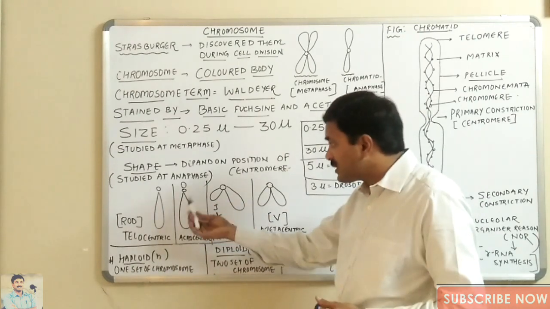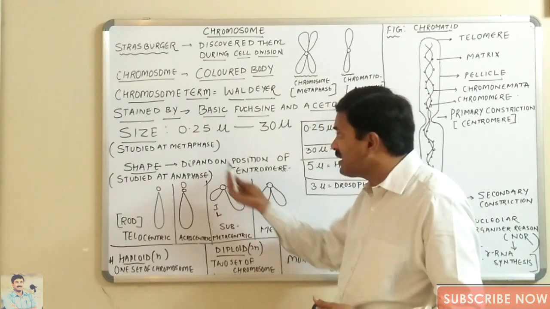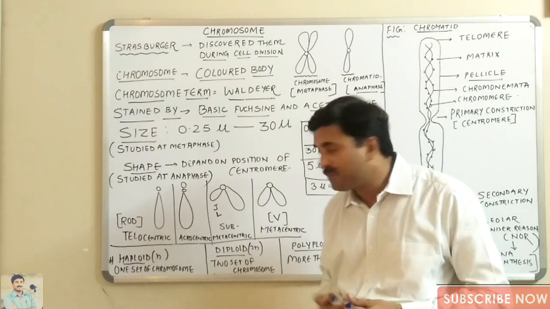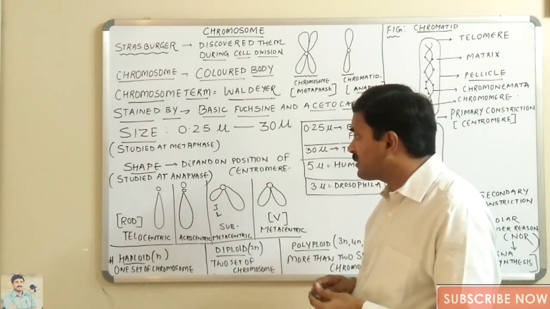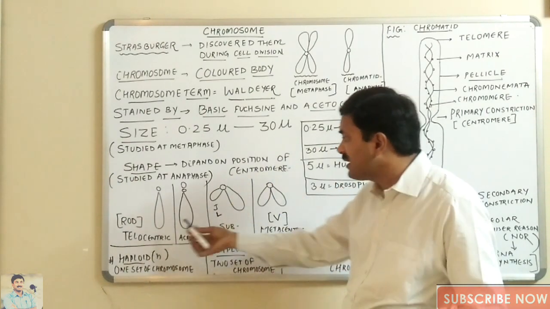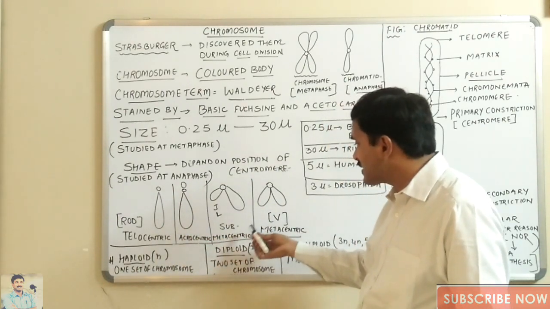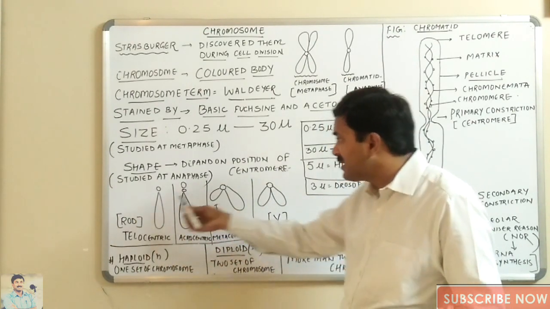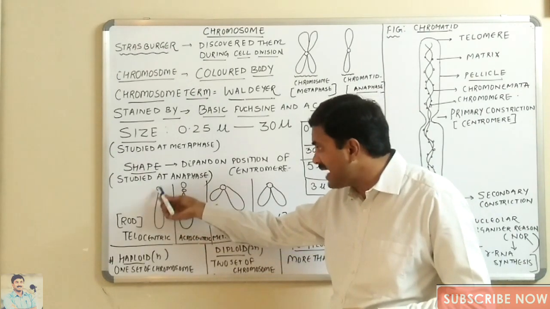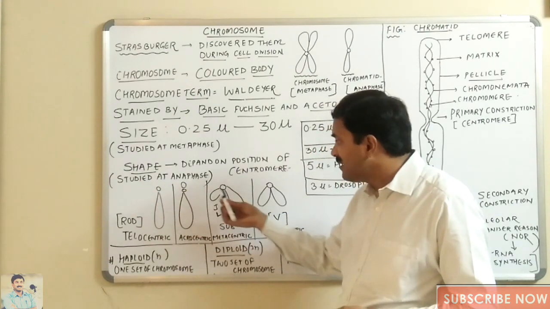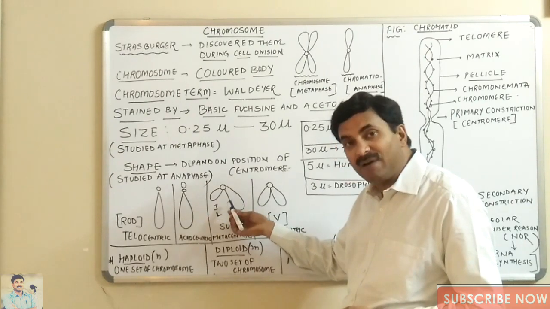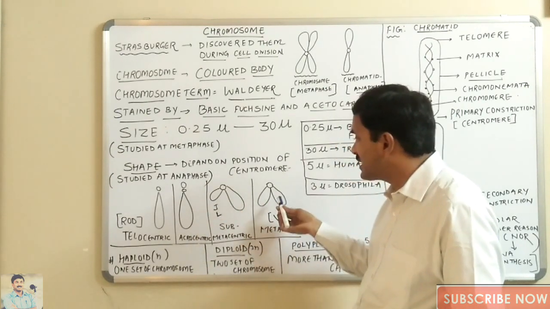So the position of the centromere decides the shape of the chromosome. On the basis of the position of the centromere, the chromosomes are of 4 types: telocentric, acrocentric, submetacentric, metacentric. Here the centromere is at the end, here it is near the end, here it is a little away from the center, and here it is present at the center.